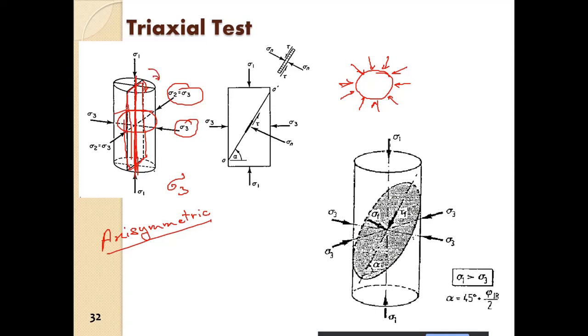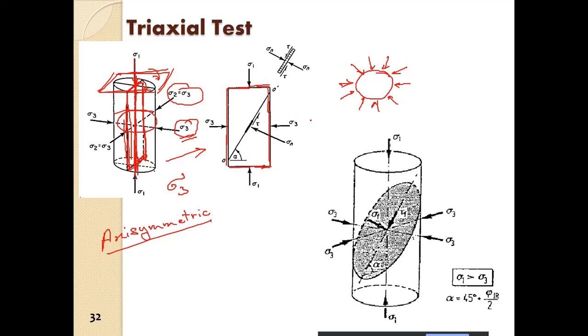So on all vertical planes, we have sigma 3 acting, and on all horizontal planes, we have sigma 1 acting. So we can approximate the stress condition to this configuration here. What is happening in the sample?